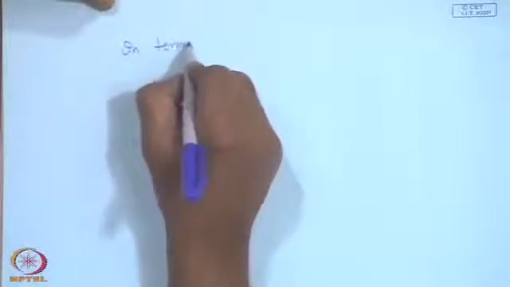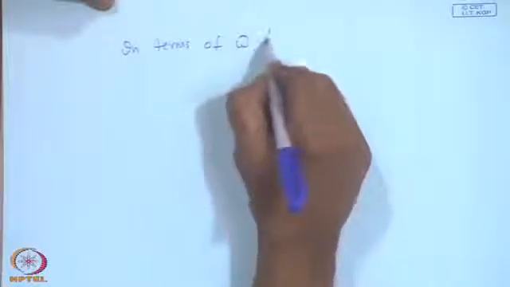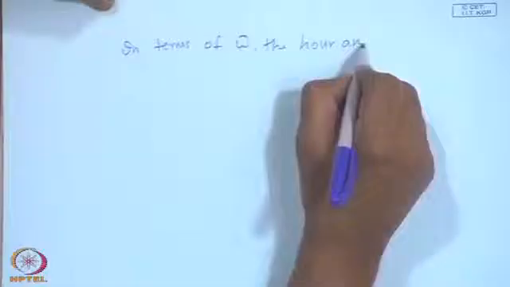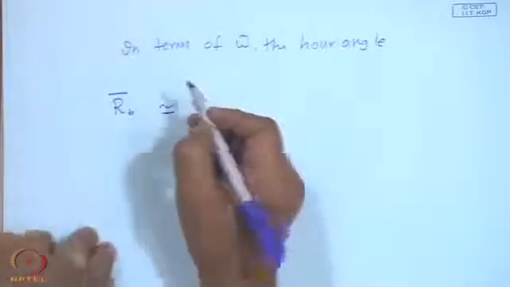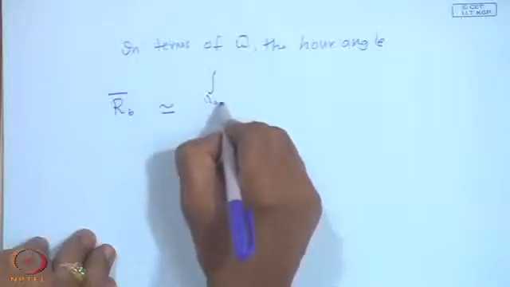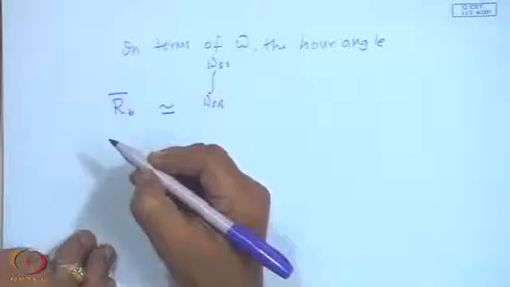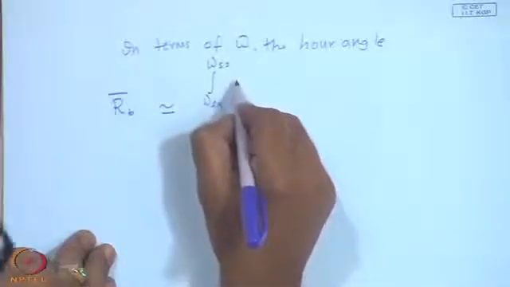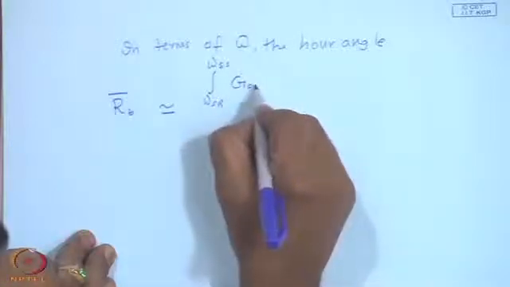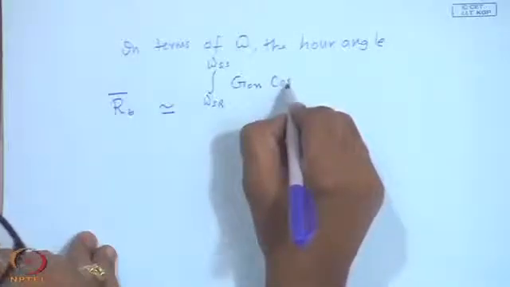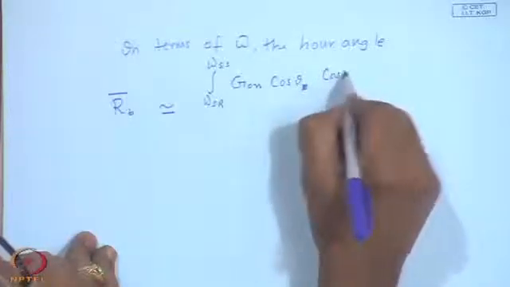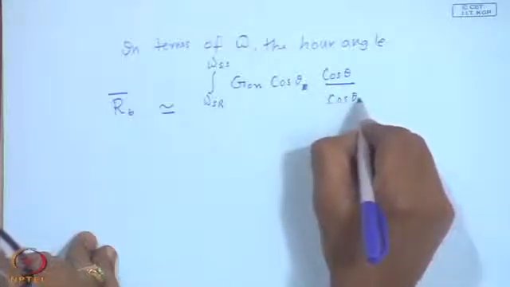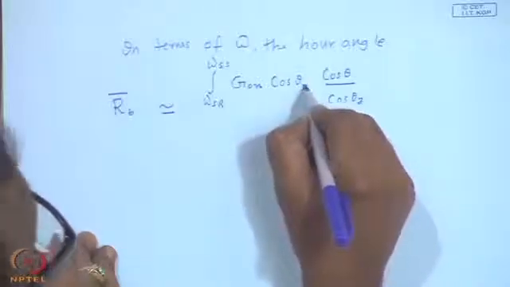So, converting into terms of omega, the hour angle, R B bar approximately, I will now call it omega s r to omega s s, and this G 0 will be G 0 normal times cos theta, and in the denominator G 0 times cos theta z prime.